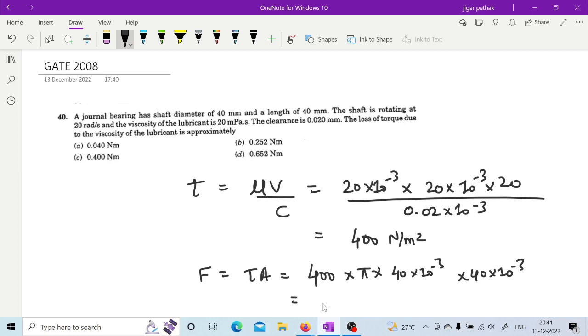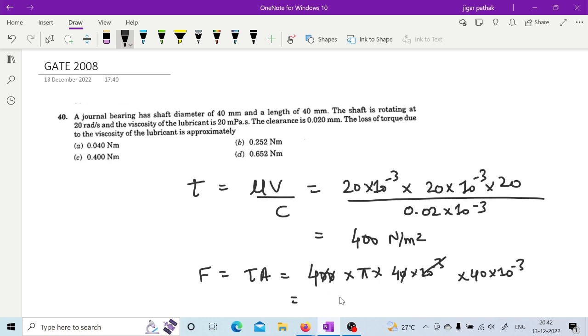So what is force? Can anyone? If we can cancel, 0.64.